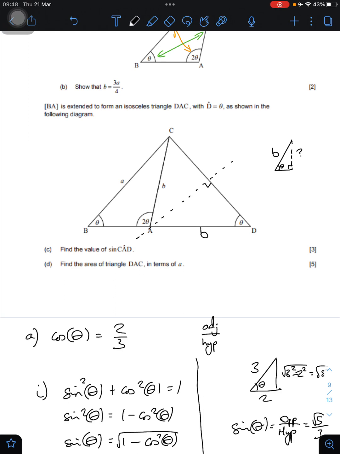Well, the opposite, using SOHCAHTOA, would be B sine theta. And so that's all I get here, B sine theta. And then my other value here would also be B sine theta.